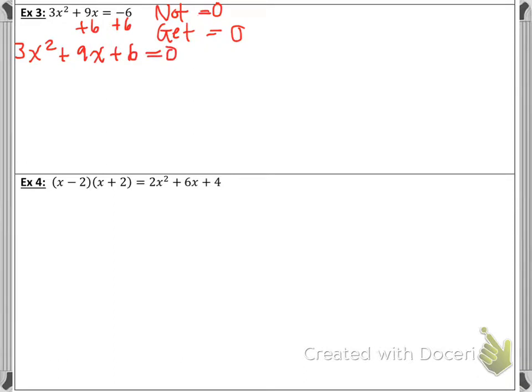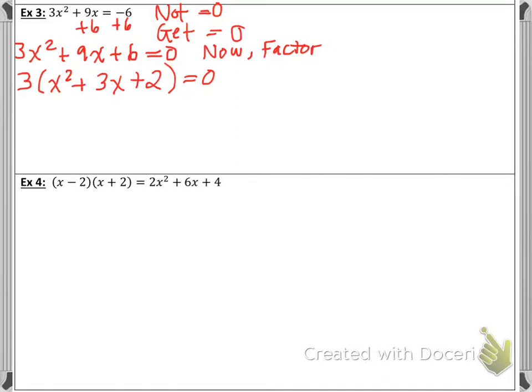Now I can think about factoring. So now I can try factoring. So again, I'm following the flowchart and I can tell there is a GCF here of 3. So I would factor out the 3 and get x squared plus 3x plus 2 equal to 0.